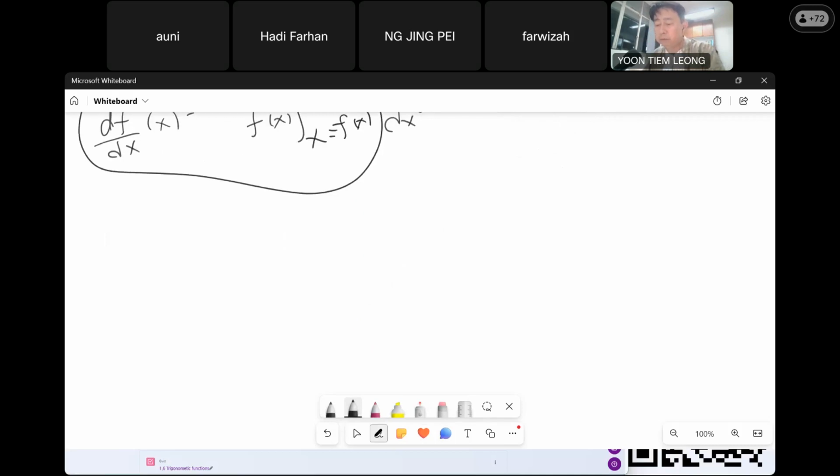Therefore, if you look at the logarithmic function, you know the logarithmic function has a derivative. The logarithmic function's derivative is 1 over x. Therefore, by knowing the derivative of the logarithmic function, you can then calculate the derivative of the exponential function in terms of the derivative of the logarithmic function.